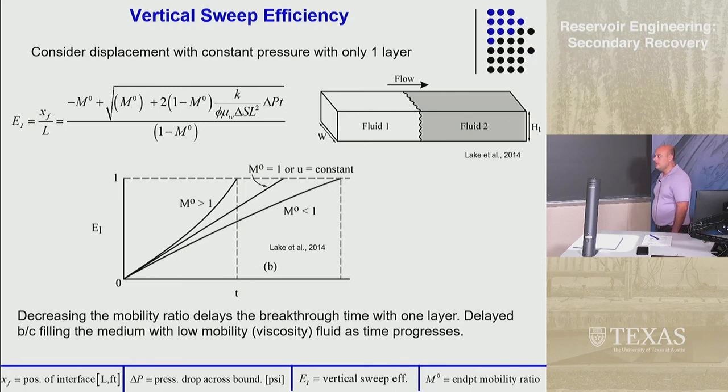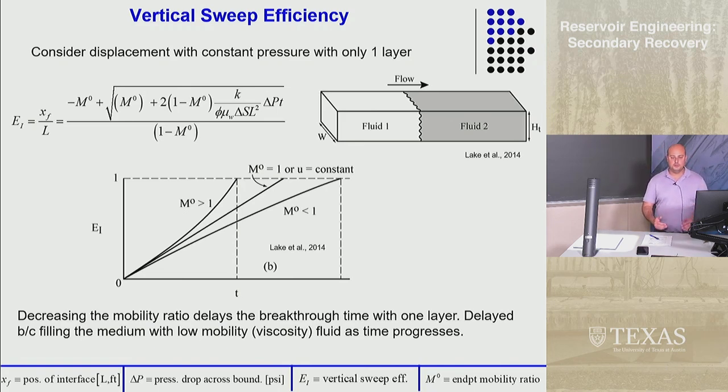Now there's something really interesting here about a single layer. At the same time T, the vertical sweep efficiency is much greater when you have a high mobility ratio than a low mobility ratio. And remember what a high mobility ratio means.